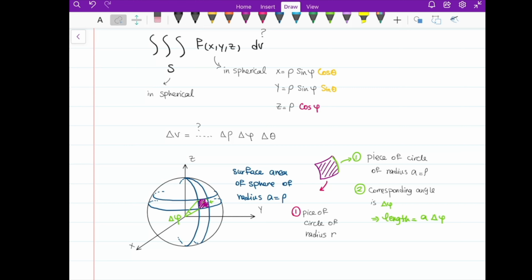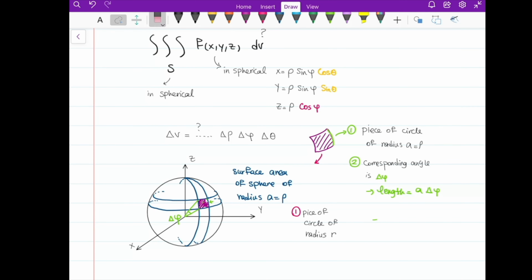Let me graph it. I'm going to move this one a little up so that I have more space to write. Okay, I'm going to have the circle on the equator. This circle has radius a. This sphere has radius a. And then if I consider another circle on the surface of the sphere, the radius of this circle, if I call it r, r is less than a.